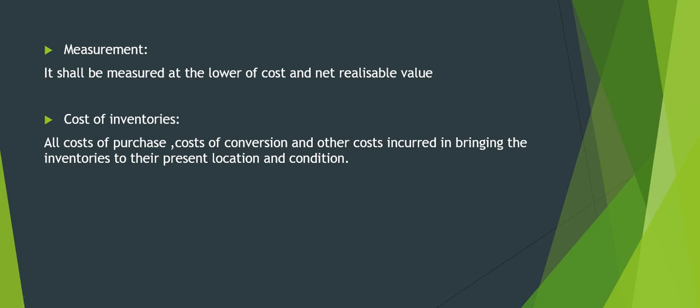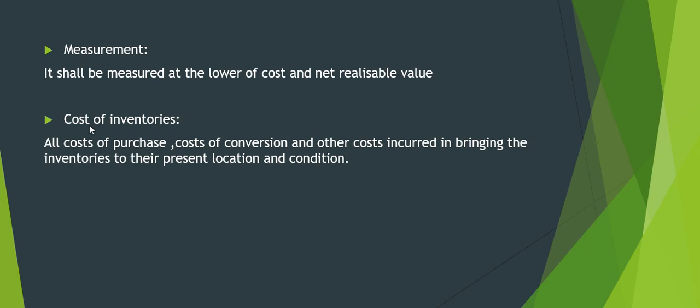As in the sums I have done, whichever is lower we estimate to be the cost of the inventory, either the historical cost or the net realizable value, whichever is lower, that is measured as the cost of inventories.